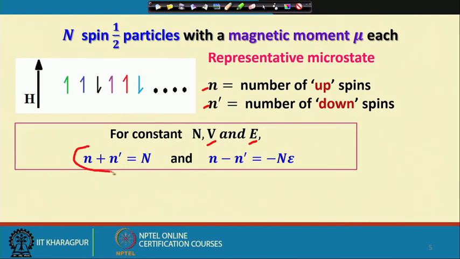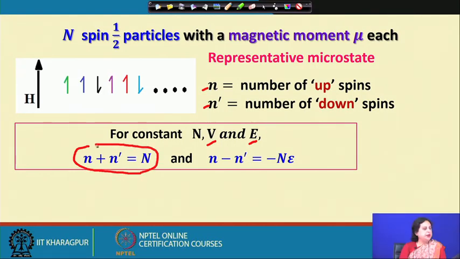Does not matter which microscopic state I am looking at, I must have n plus n prime equal to capital N. So, whatever microscopic state I construct by varying n and n prime, these 2 numbers must always add up to capital N.